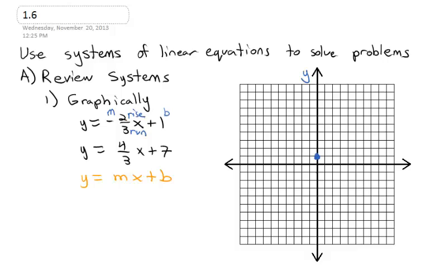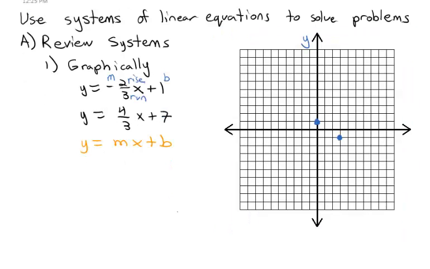So I'm going to rise down 2 over 3 and put a dot. And then we should be able to connect those dots with a straight line. So now we're ready to connect the dots, and I'm just going to draw a line here through those points. It's not going to be a perfect line, but it'll do the job.